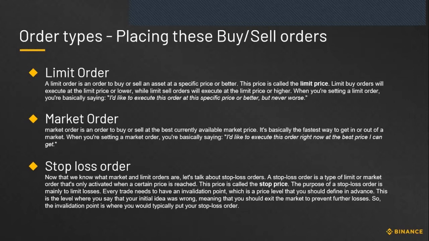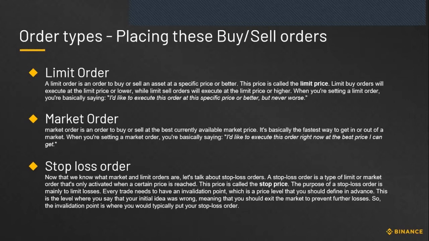You must understand that every trade needs to have a validation point, which is a price level that you have foreseen in advance. You should have predicted it ahead, so you have put in your stop loss order to execute it.